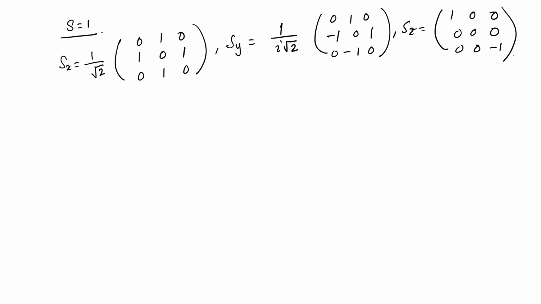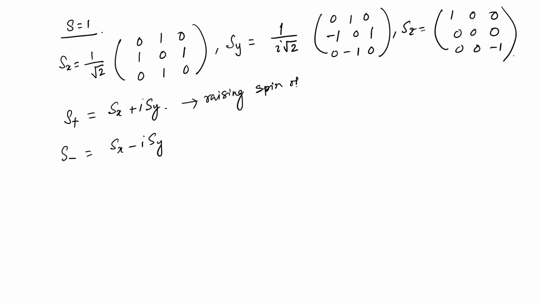It is also useful at times, for some problems, to combine Sx and Sy, writing S plus as Sx plus i Sy and S minus as Sx minus i Sy. These are called the raising spin operator and the lowering spin operator.